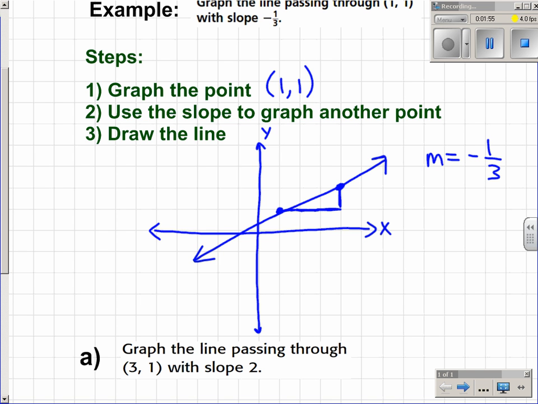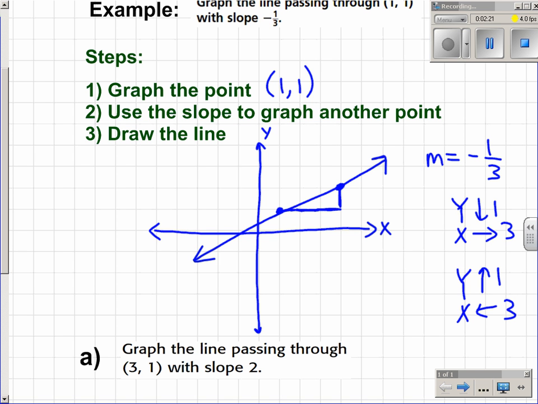And that's it. There's another way that we could have done this. If you look at our slope, we used y going down 1, and we used x going forward 3. We could also put a point if we had done y going up 1 and x going left 3, the inverse.